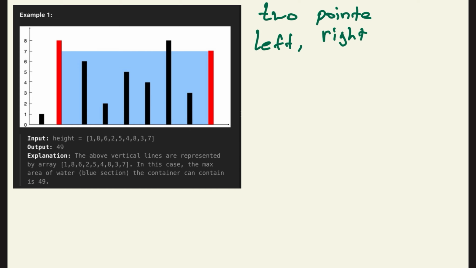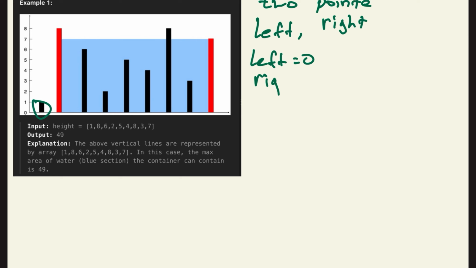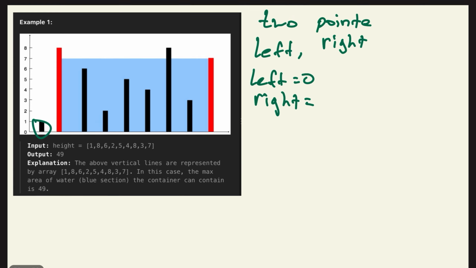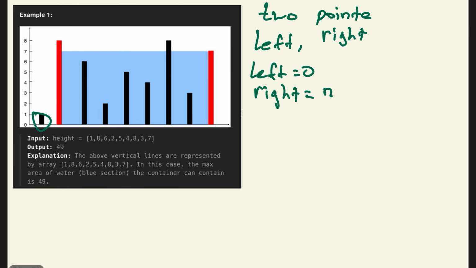Firstly, left will be equal to 0, because index 0 is the first line in the array, and right will be the last one, so n minus 1.